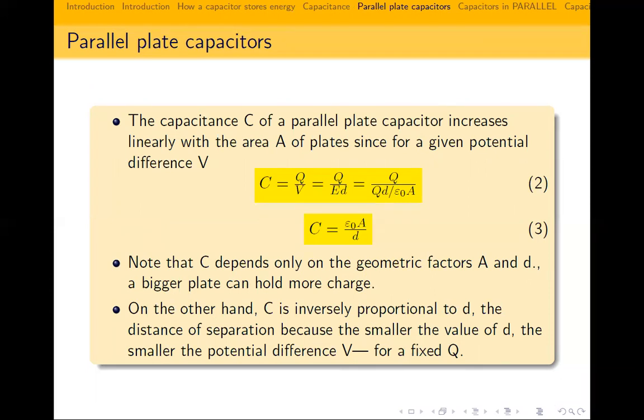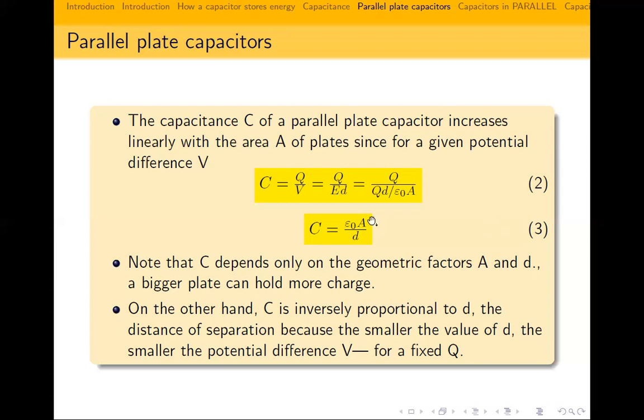The other factor that determines the capacitance is the distance between the plates, small d here. If the plates are very close, the capacitance is very big. So to increase the capacity of your capacitor, you make the distance very small and the area very big. And this is what is shown in equation number 3.